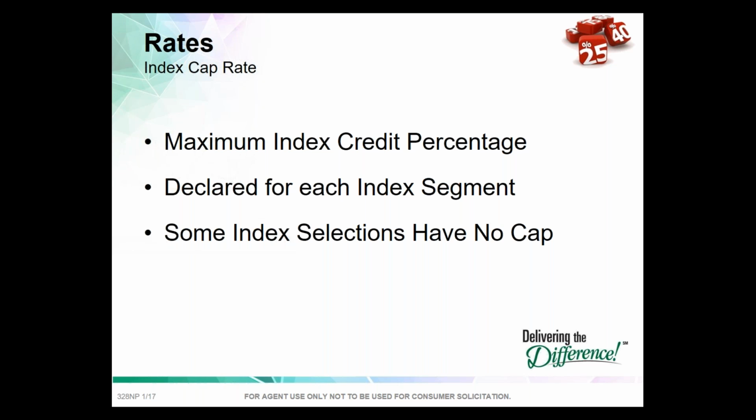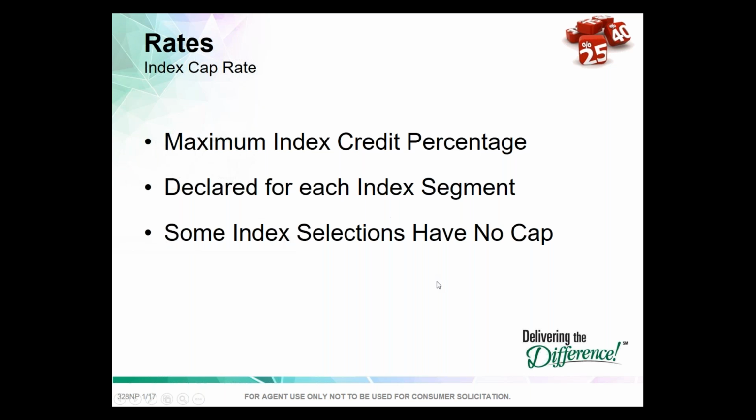At the end of their segment, then the cap rate can change for the next segment. And there are some index selections that have no cap at all. So we have a possibility of having an index segment selection that has no cap and only runs on a spread or a participation rate, for example.